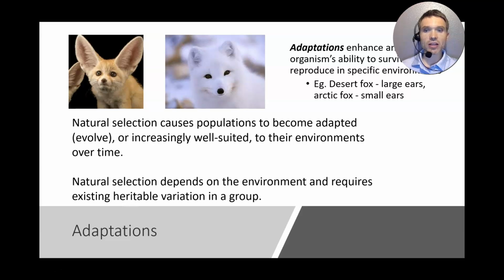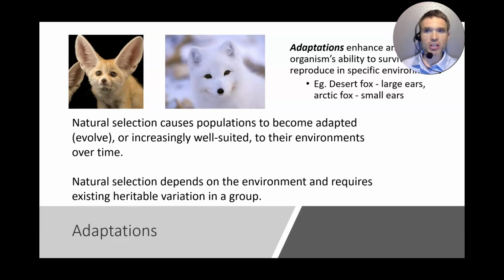The only way that individuals are going to be selected for is that they have an existing characteristic, and that characteristic can be inherited. Just like you know that your characteristics come from your biological mother and father, your eye color, your hair color.